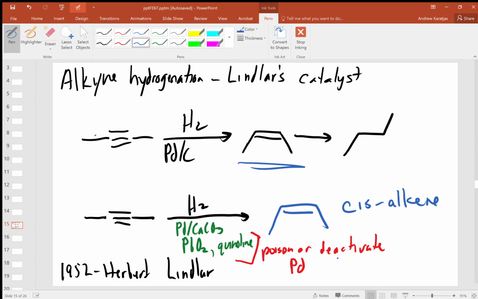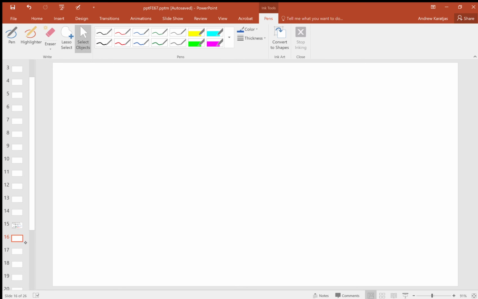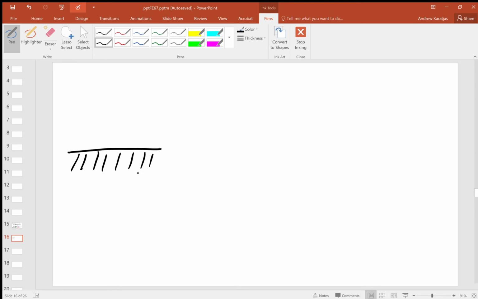So why the cis alkene? Well, we get the cis alkene for the same reason that the hydrogenation reactions we've looked at previously, whether alkenes or alkynes, give us syn addition. And that's that if this is our metal surface, the hydrogen becomes coordinated to the palladium, as does the alkyne.